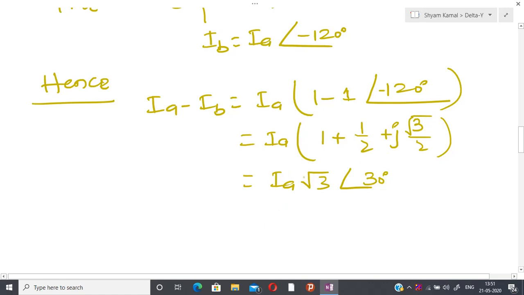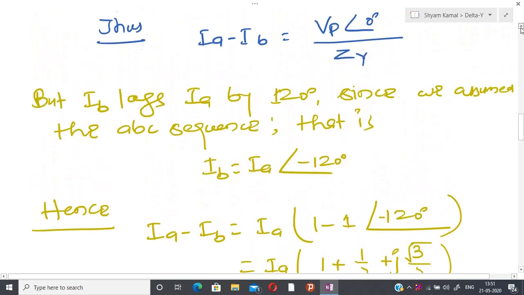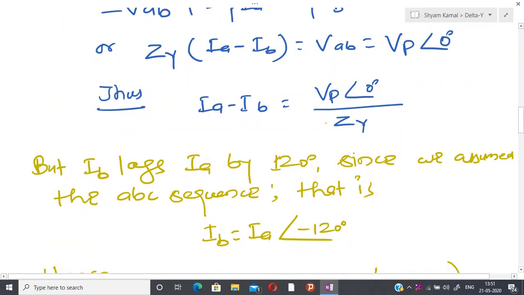Here what I have observed is that IA minus IB is IA root 3 30 degree, and from the previous one you can see that I have calculated IA minus IB is VP 0 degree by ZY.